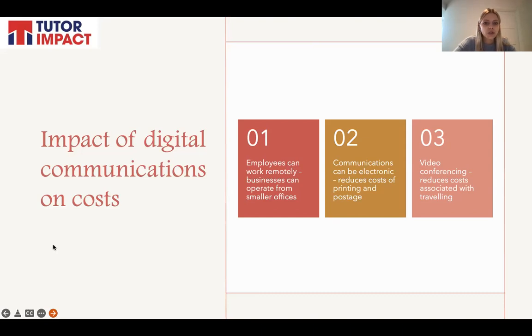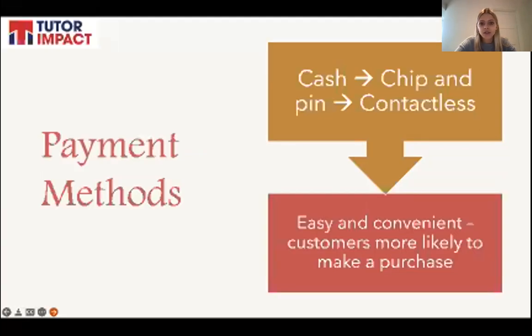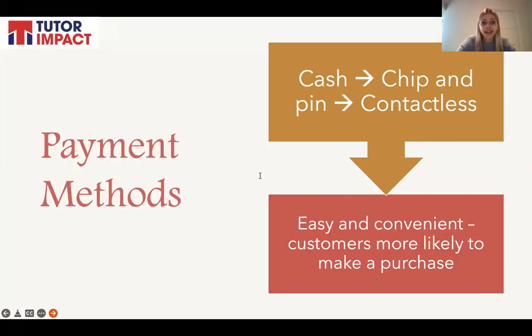And the last digital thing we're going to be discussing is payment methods. And these have changed quite significantly, particularly in recent times. So in the UK, the use of cash to make payments has fallen significantly in recent years.